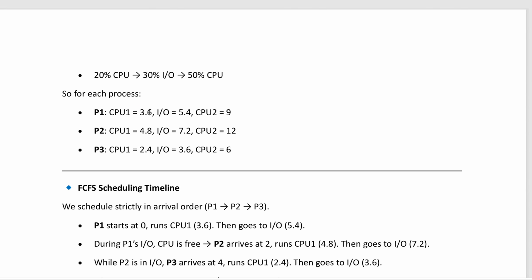It runs for the first CPU burst of 3.6. Then it goes to IO for the next 5.4, right? During P1's IO, the CPU is free, right?